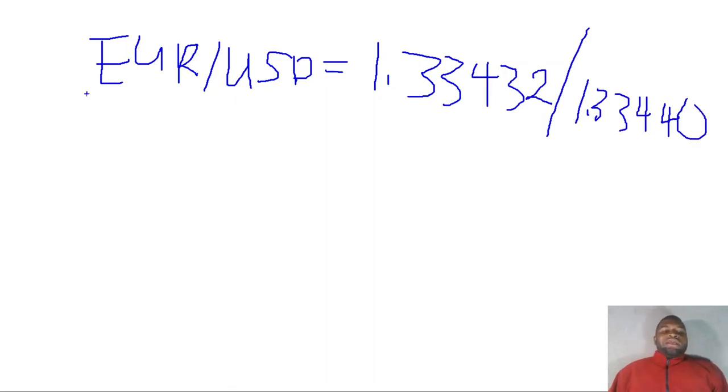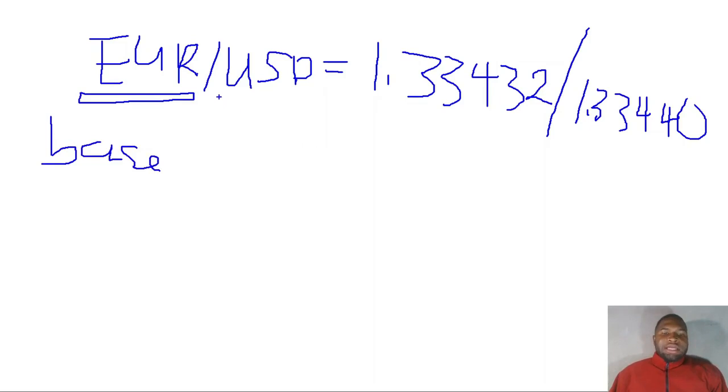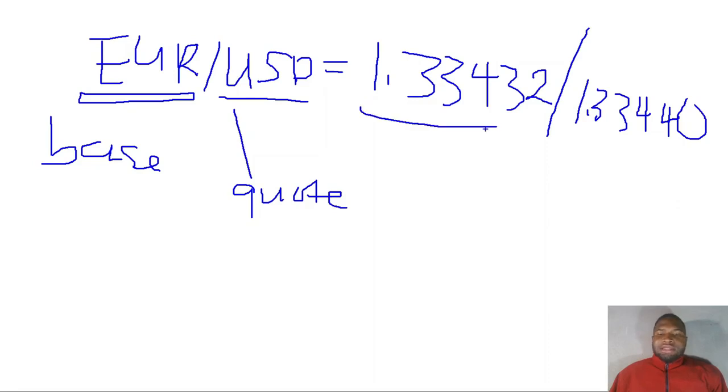Now, the first currency that is being quoted, as I was showing you on that chart, is called the base currency. The second one is being called the quote currency, and this is being called the bid price, and lastly this one is being called the ask price.